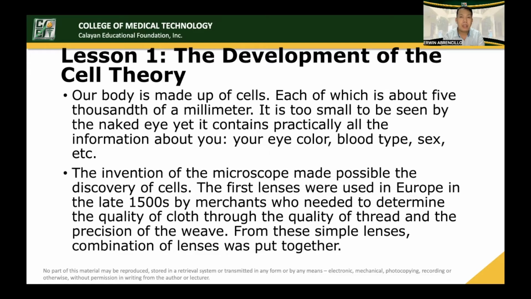The first lenses were usually for business, and of course, later on used as a sort of eyeglasses. Then later on, scientists used this in order to invent something known as the microscope.